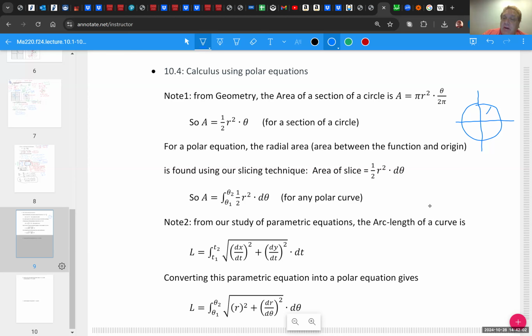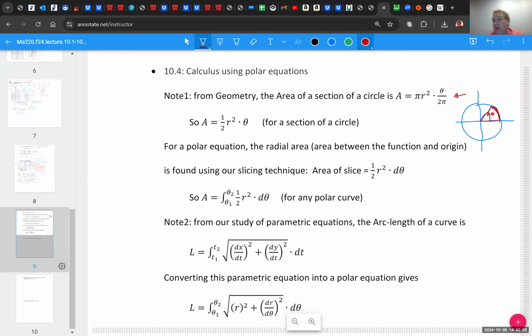So suppose we mark out an angle of theta, right? So we're looking for this portion of the circle. So we need to figure out what fraction of the entire circle that is. The fraction is theta out of 2 pi, because 2 pi is the entire rotation. So theta out of 2 pi would be the portion of the circle that is swept out through theta radians.